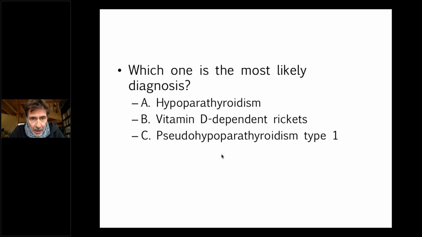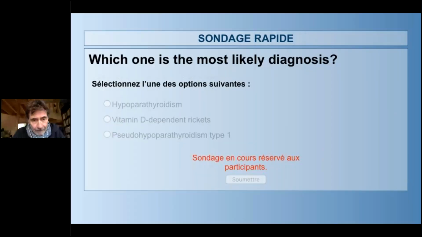My first question is, which one is the most likely diagnosis? Is it most likely hypoparathyroidism? Is it most likely vitamin D dependent rickets? Or is it most likely pseudo-hypoparathyroidism type 1?